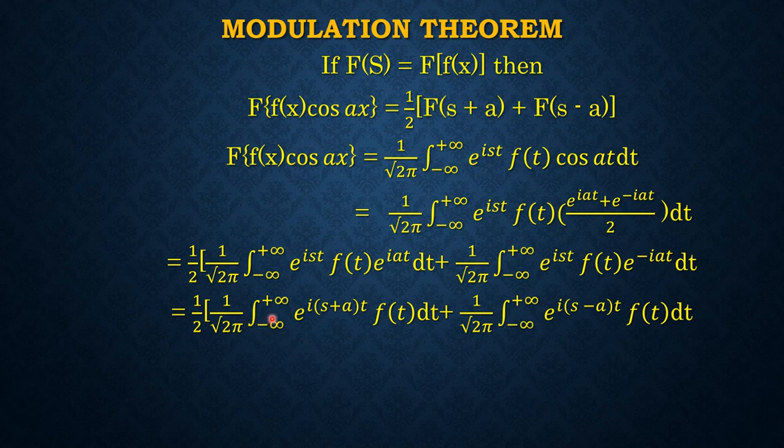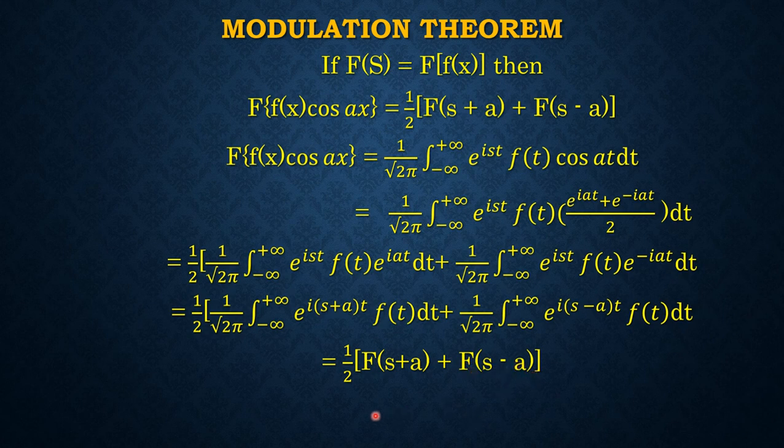That is equal to, here e to the power i s t e to the power i a t, that is e to the power i (s plus a) t f(t) dt, plus here e to the power i s t e to the power minus i a t, that is i (s minus a) t f(t) dt. That is equal to half of F(s plus a) plus F(s minus a).